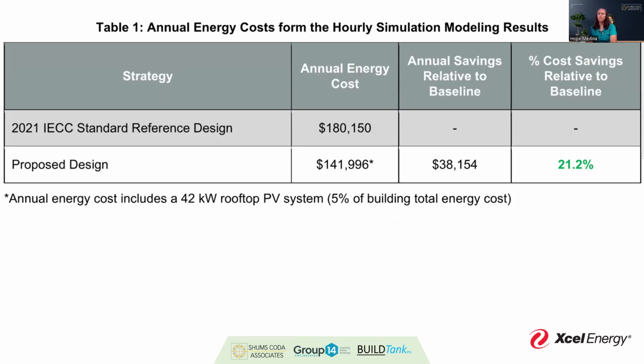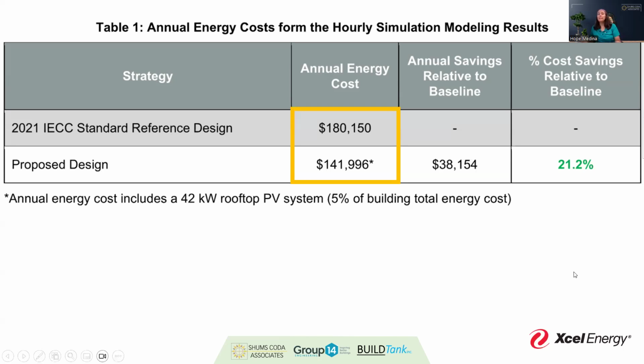But the proposed design is indicating that it is only $141,996, with a little asterisk that says, hey, we included a 42 kilowatt rooftop PV system at 5%. Remember that, they have to notate that, and that's how they're notating it here.